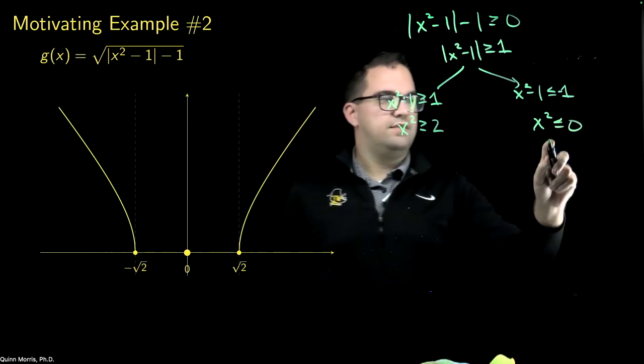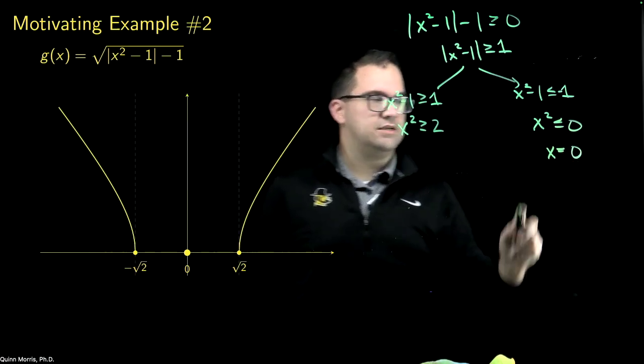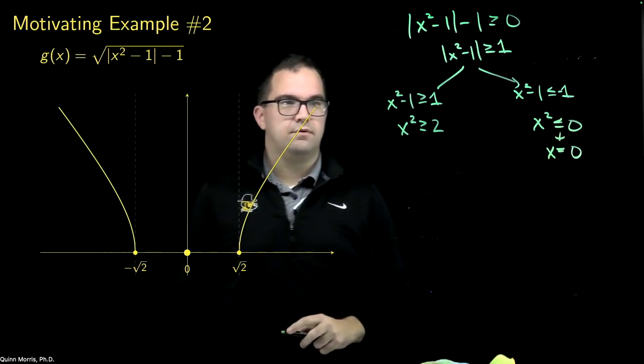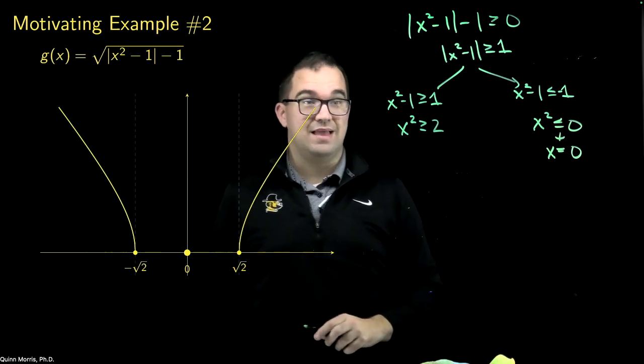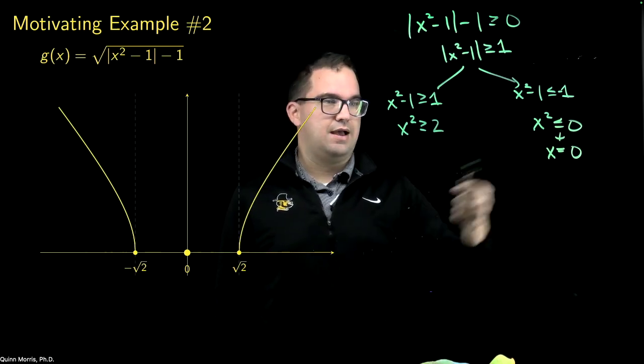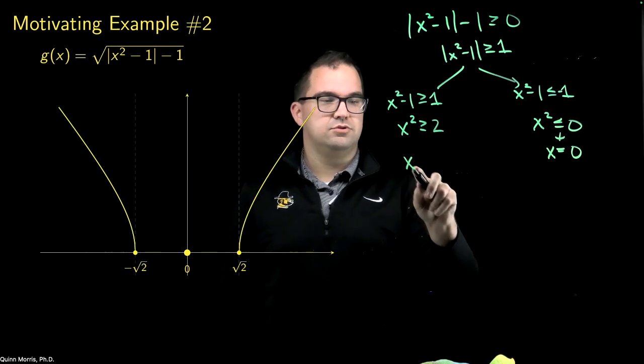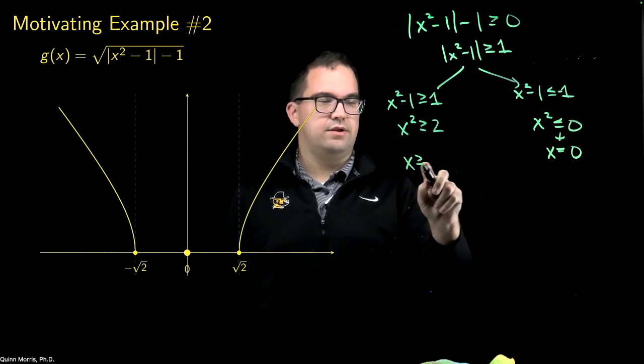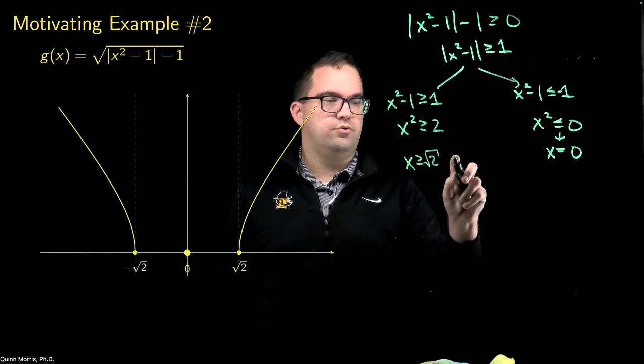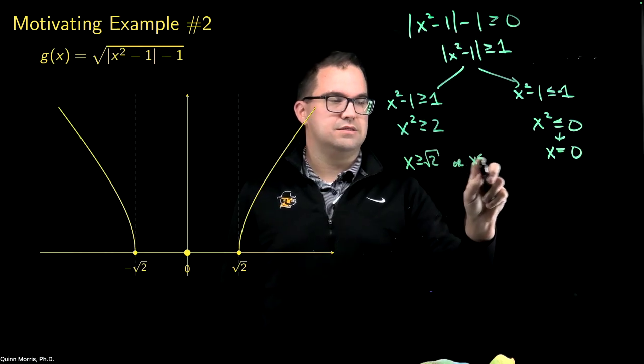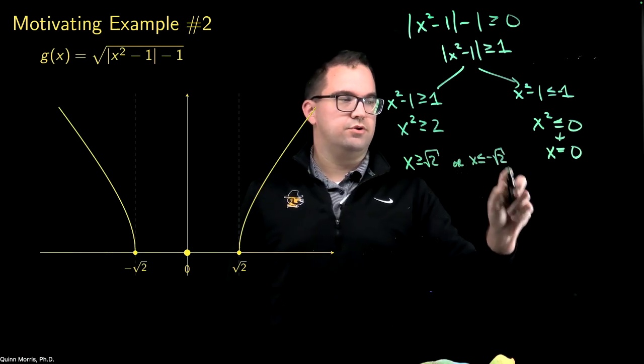This occurs only when x is equal to 0. The only way, since x squared is never less than 0, is for it to equal 0. That happens when x is 0. The first case happens when x is greater than or equal to square root of 2, or when x is less than or equal to negative square root of 2.